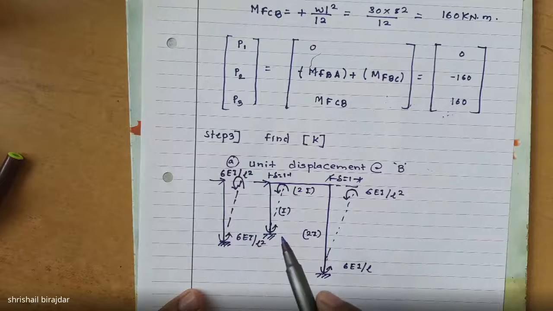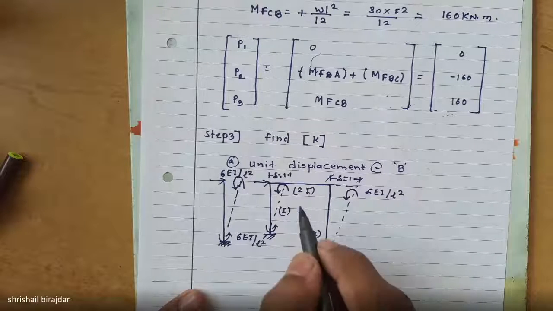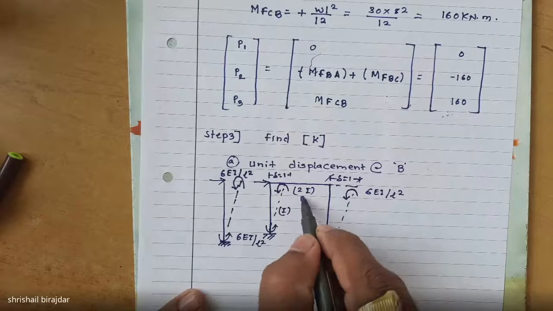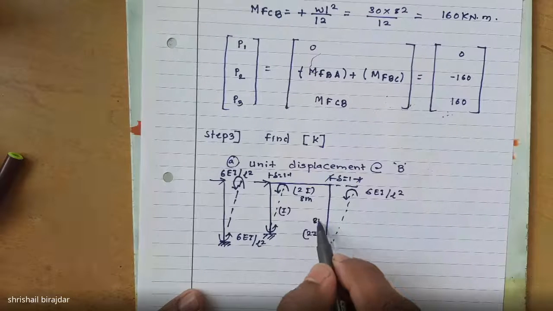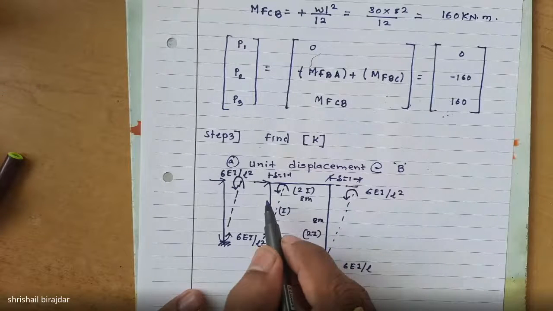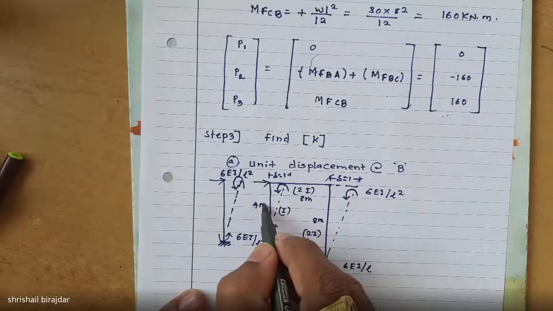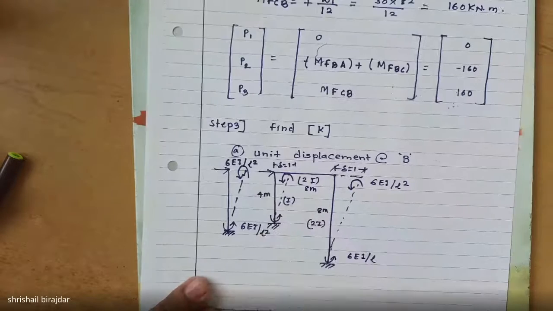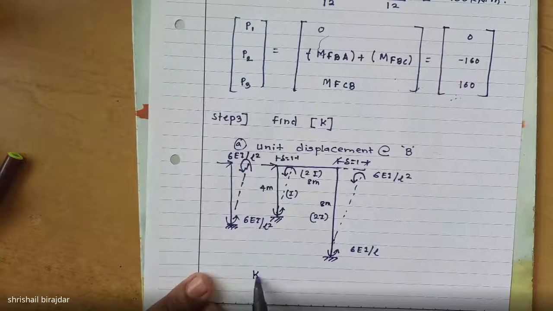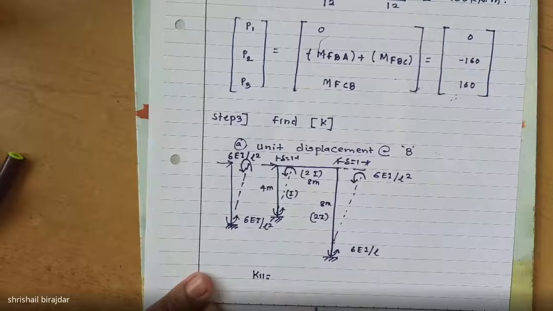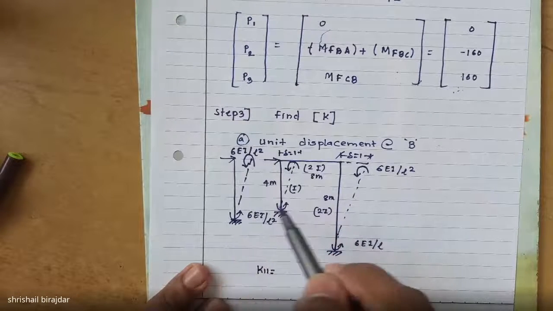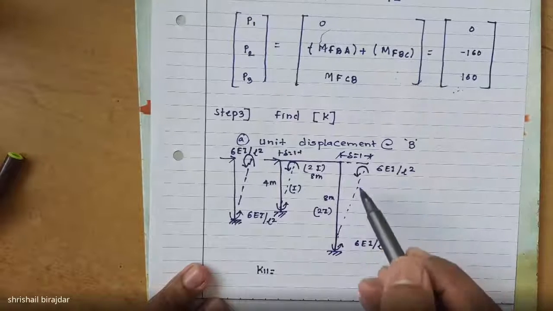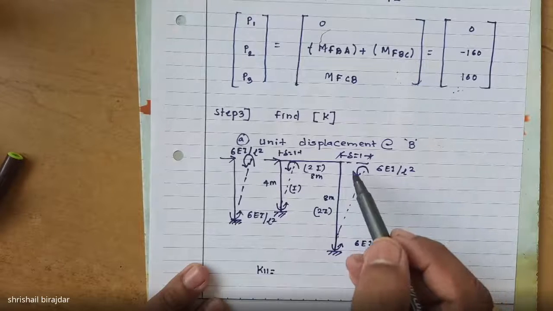You have to write the span here 8 meter, here also 8 meter, column height here 4 meter.